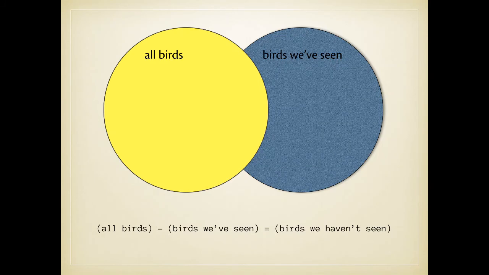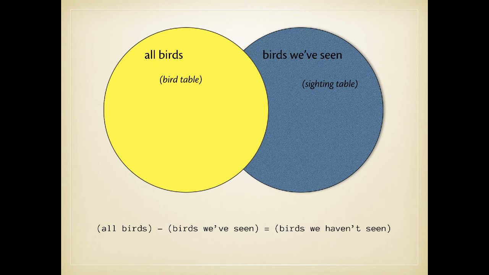So let's imagine that in Bird Club, I want to find out all the birds that have not been seen by anyone. So what I do with my two tables is that I will take all of the birds. We already have that because that's in the bird table, right?